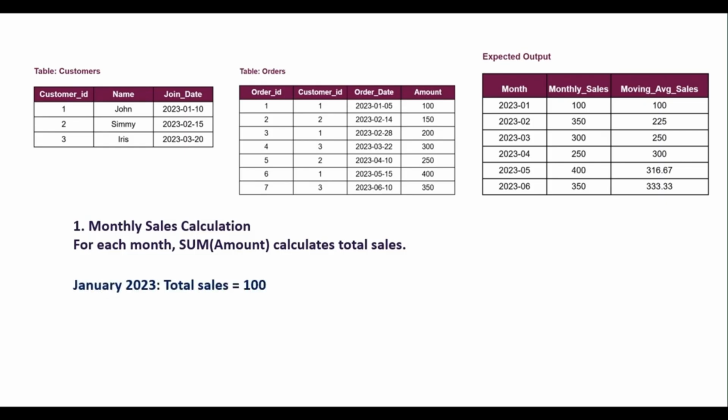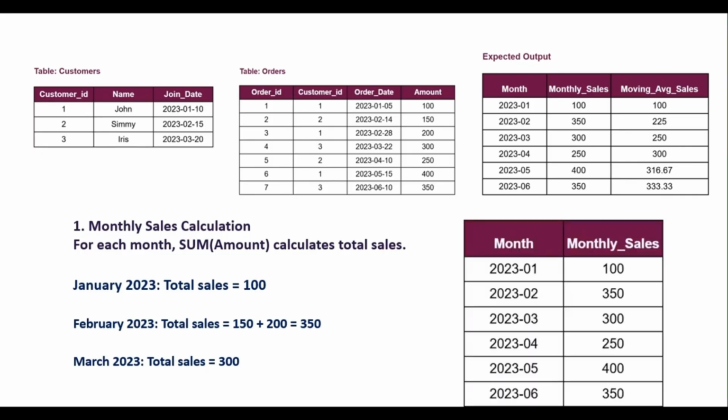So for the January month, the total sales amount is 100. For the February month, the total sales amount is going to be 150 plus 200, that is 350. For the March month, it is going to be 300 as it is, since we have only one row for this. And similarly for April, May and June. So the monthly sales calculation will look something like this.